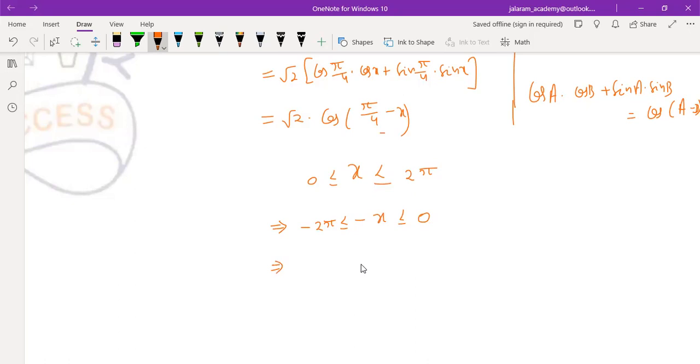Add pi by 4 to all three. Pi by 4 minus x will lie between pi by 4 minus 2 pi to pi by 4. So it is minus 7 pi by 4 to pi by 4.